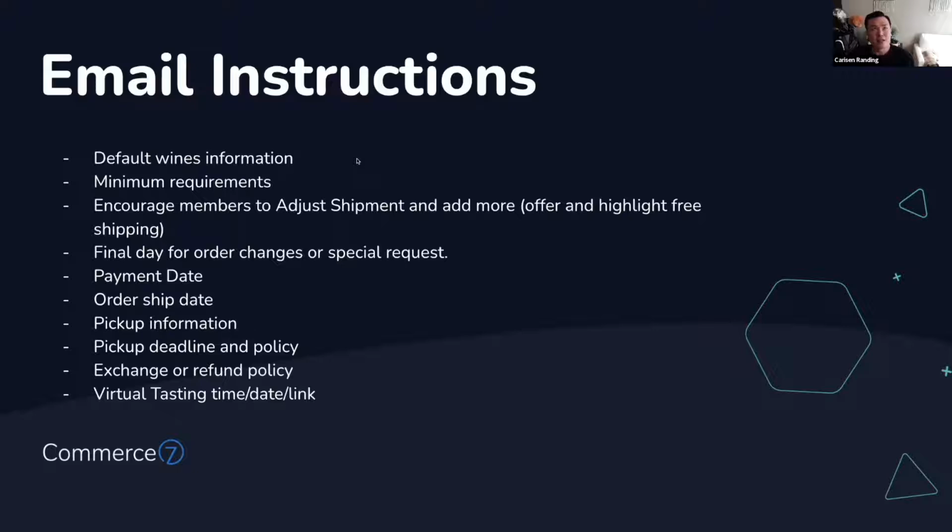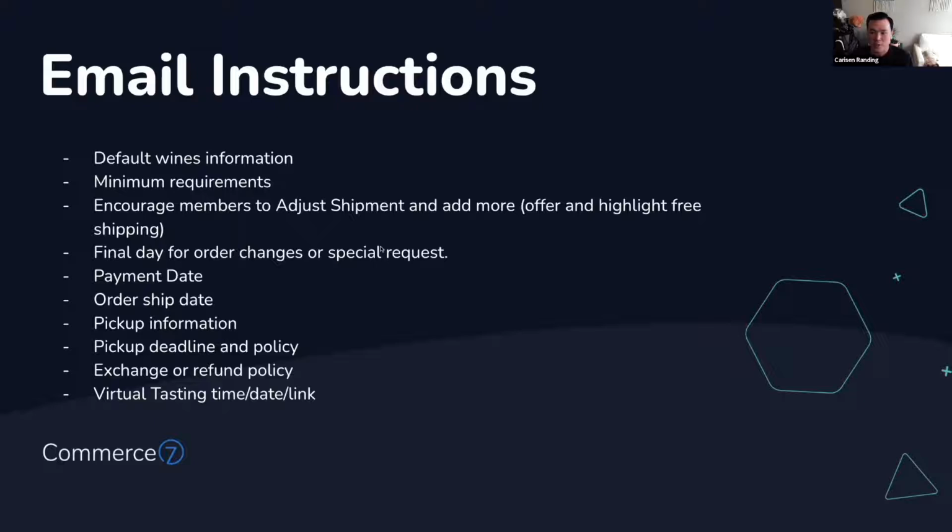I think in this step, what you're really trying to accomplish is 2 things. You're establishing and informing your club members of what they should expect in terms of dates and pickup information, policies, and things like that.